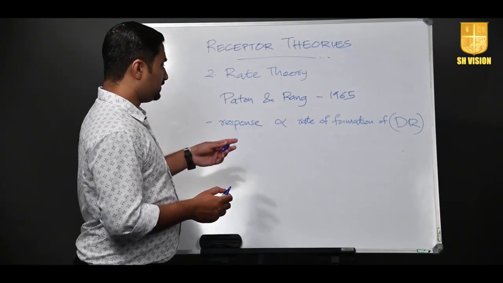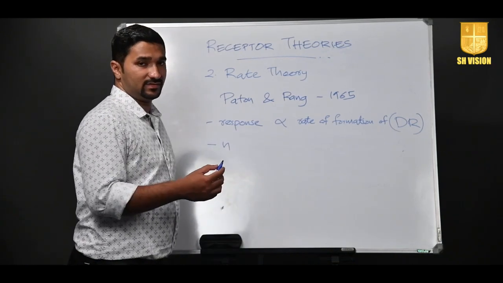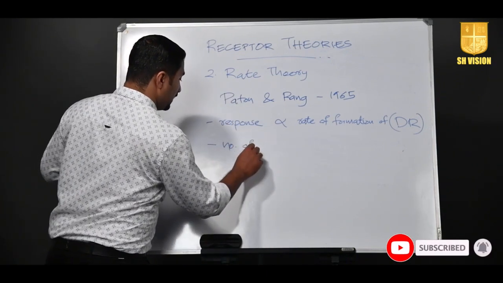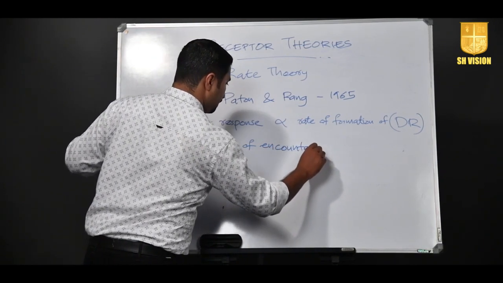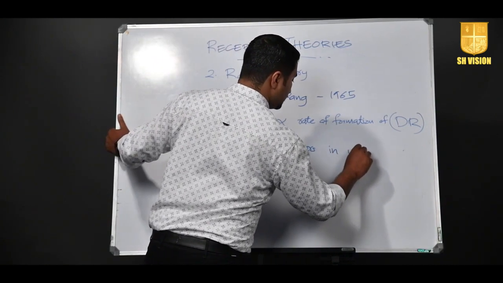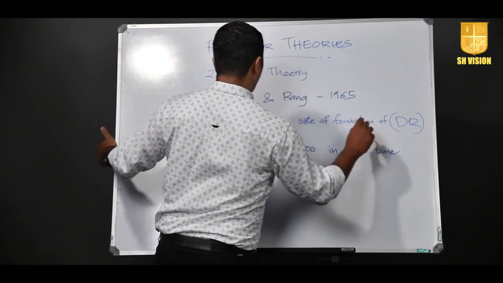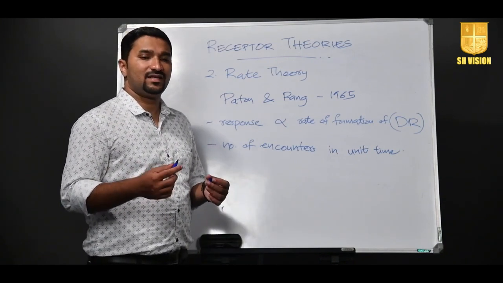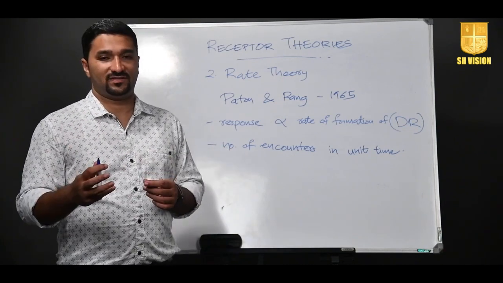Here, rate is defined as the number of encounters with the receptor in unit time. So, essentially, it is the rate of association or dissociation of the drug with the receptor.